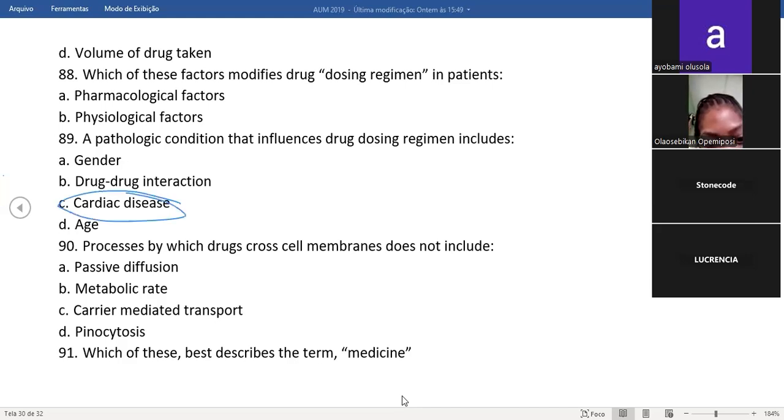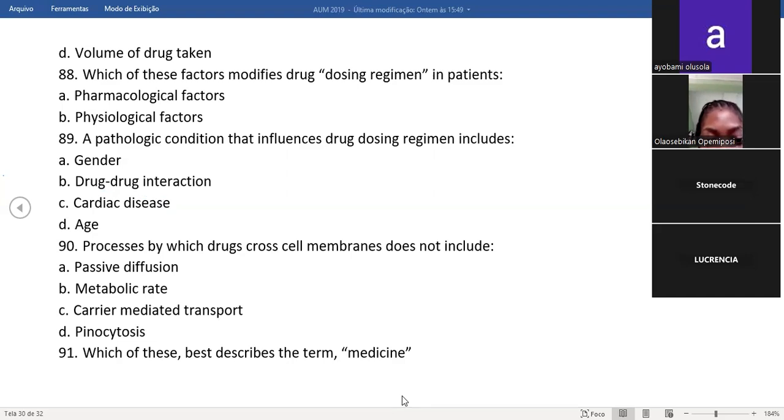So you just look out for disease. The medical term pathology means disease. So it has to be a disease. When they say pathologic condition, it has to be a disease. Drug-drug interaction is not a disease. It's just a condition. Pathology is disease, while physiology is normal function.